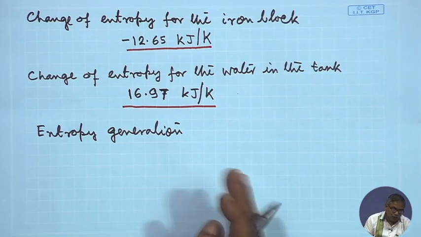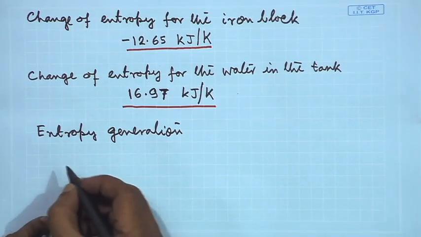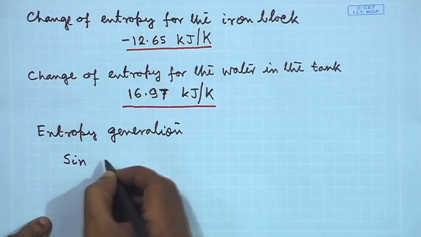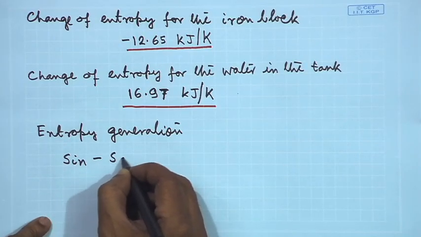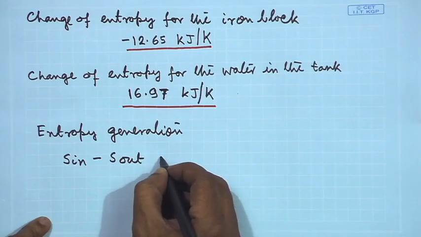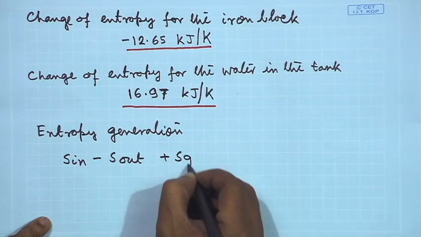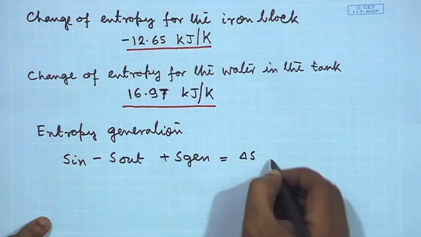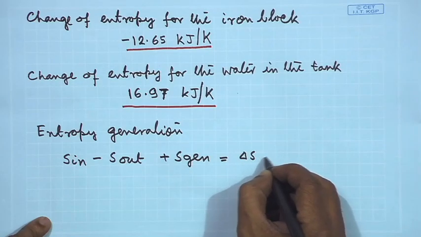So, let us do by any of these methods. So, entropy balance equation if we write S in minus S out plus S gen is equal to delta S of system.